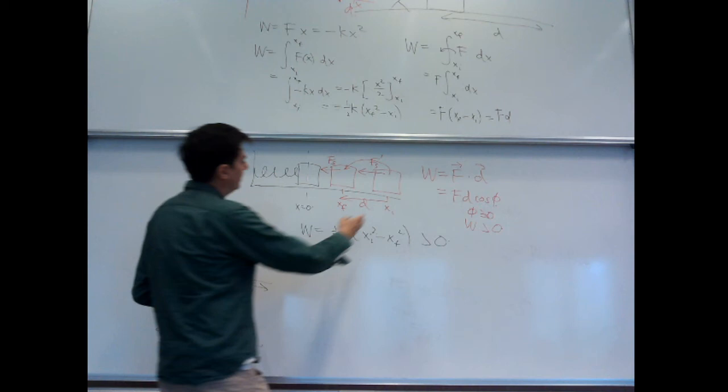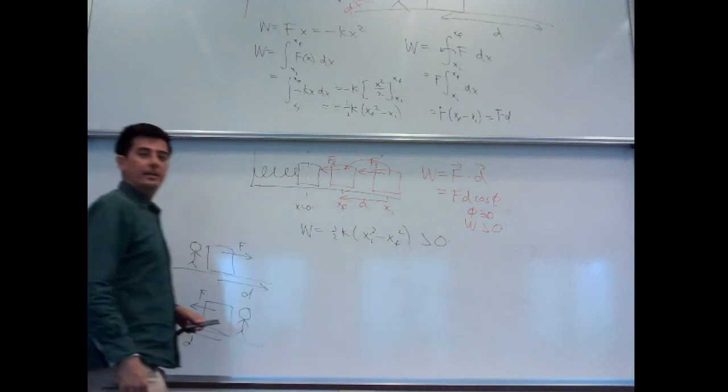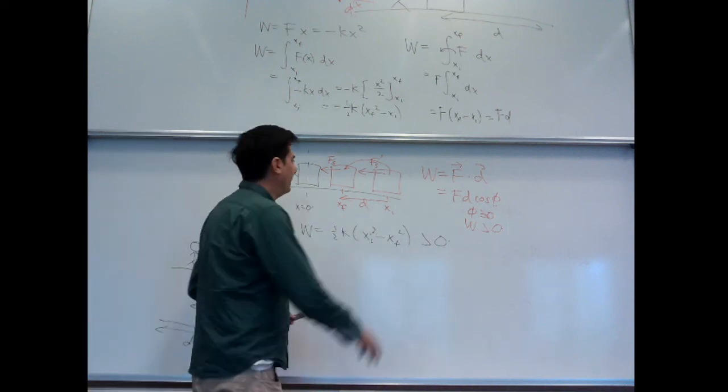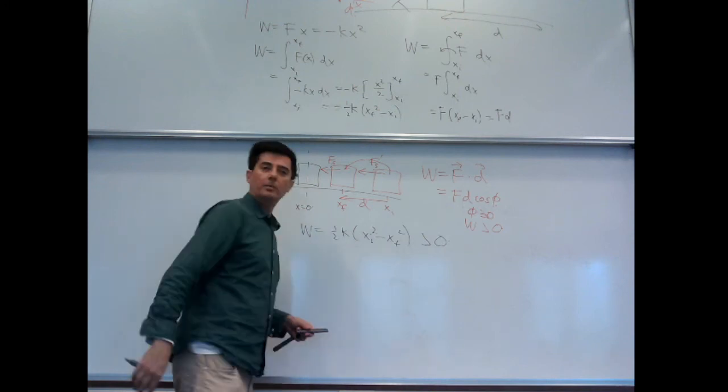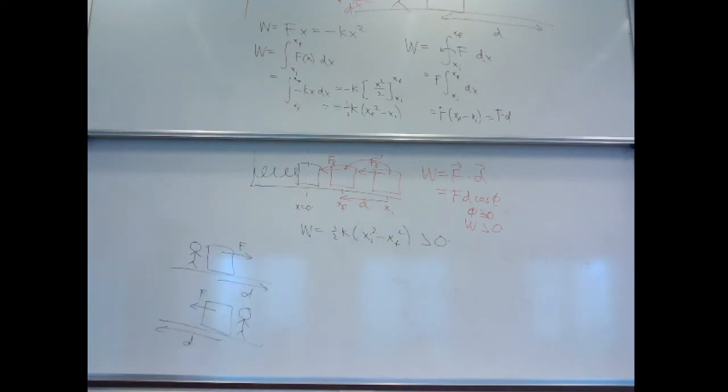And so it's going to give this object some energy. And then you say that work done is basically positive, because it's going to give the system kinetic energy. Okay, it's going to be negative if the block ends up further away from x equals 0.